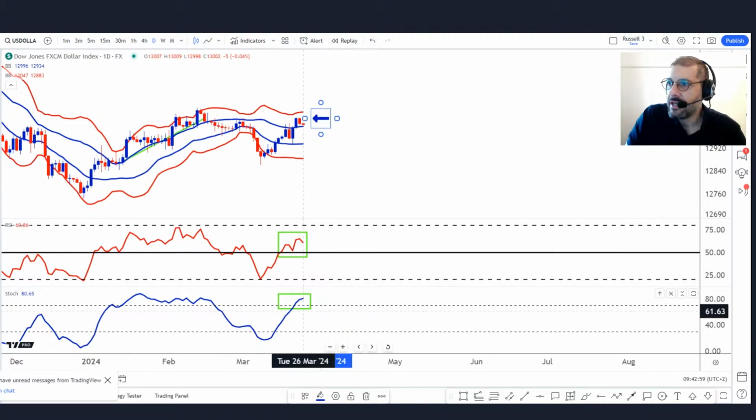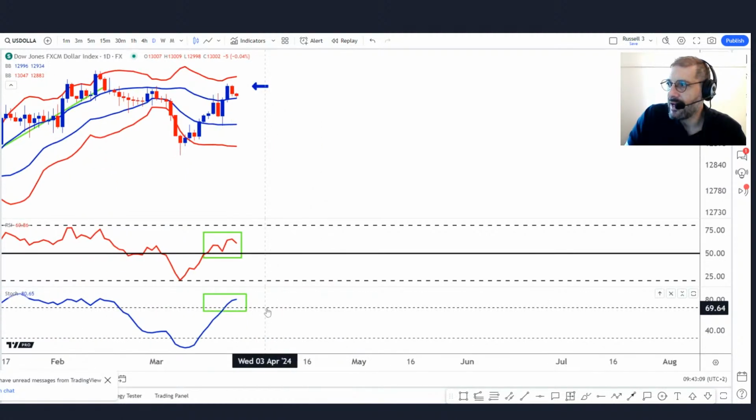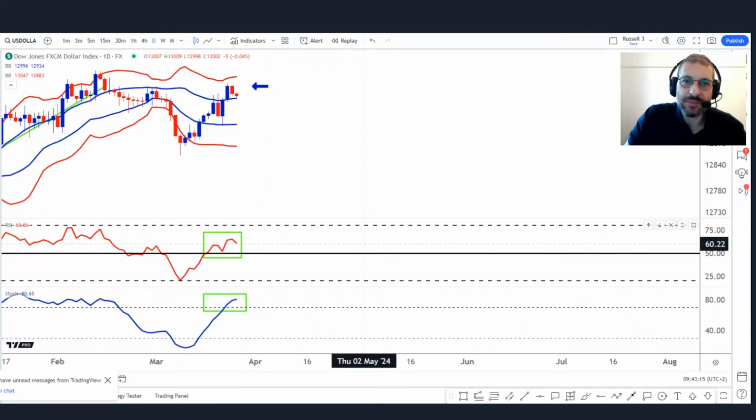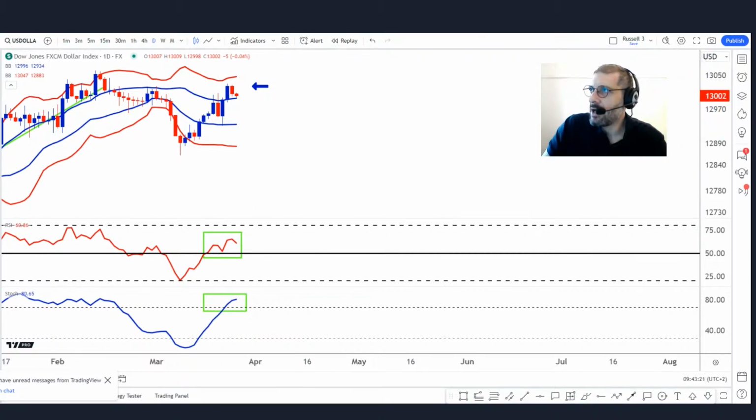The stochastic for the US dollar is moving above 70. So there's a strong positive momentum. What we were looking for yesterday is perhaps a dip in the uptrend in the US dollar. Didn't really manifest yesterday. I'm just going to go down to the hourly chart and we'll just do a debrief on the hourly US dollar.